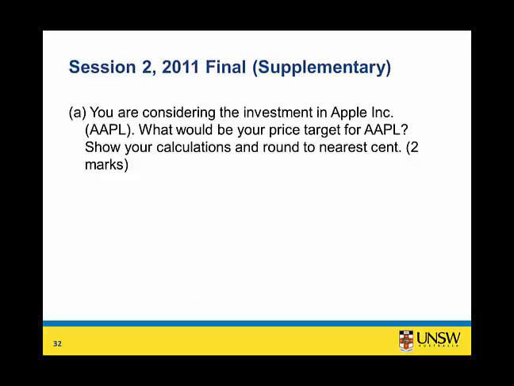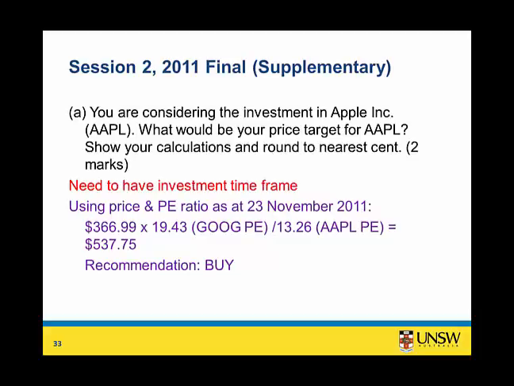So in this past exam question, you are asked to calculate a price target for Apple. So we do this based on the peer comparison company, and we've chosen Google here as the peer comparison company. And so we take Apple's share price, then multiply it by Google's price earnings divided by Apple's price earnings.